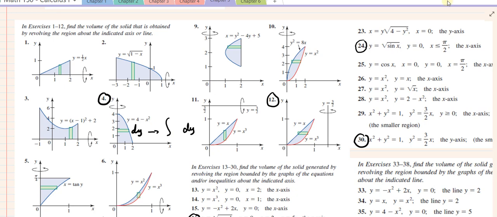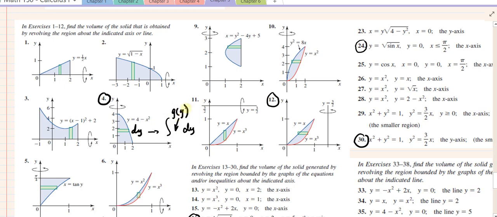Therefore, we're going to make the integrand here. You have to have a g of y, right? A function of y. Okay.